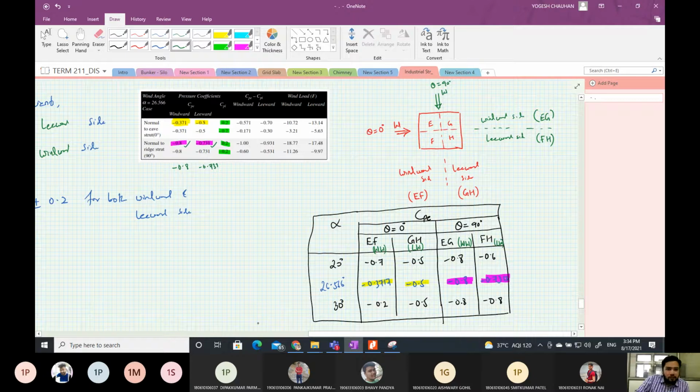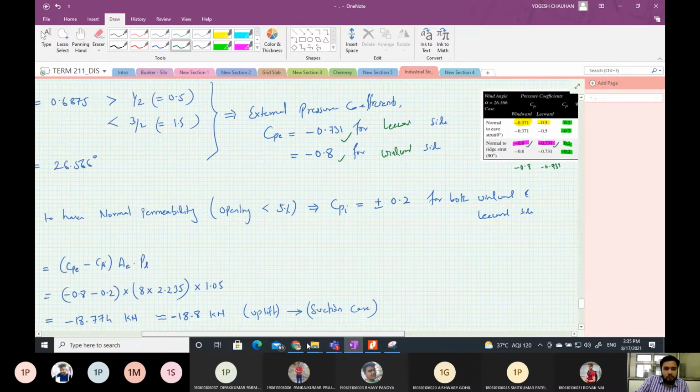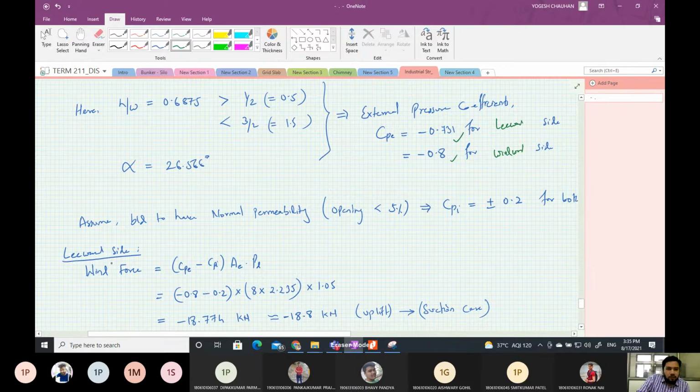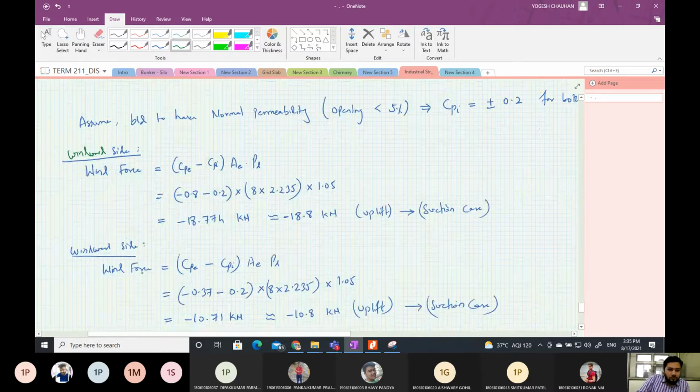So this is your leeward side, this is windward side. So on windward side, the force is minus 18.8 kilonewton, that is suction case.